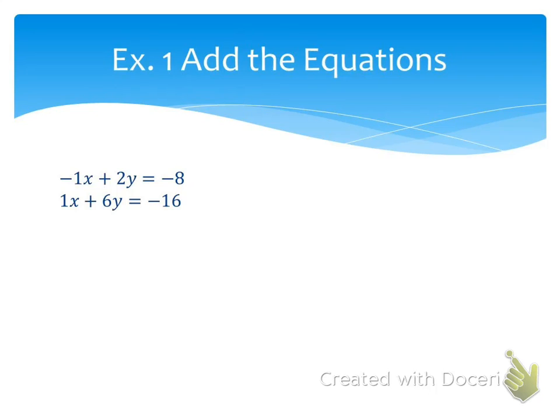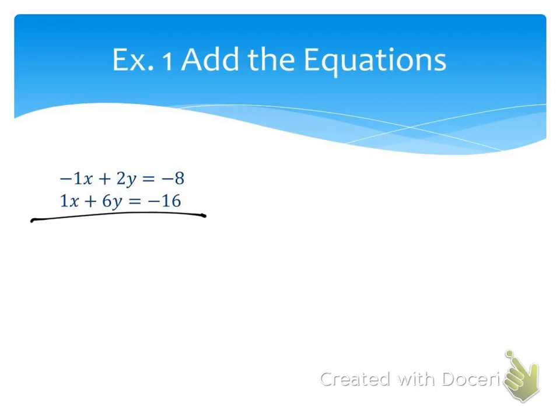So what you do whenever you have a problem like this is we're going to make it one large addition problem. I'm going to put my line underneath it, and I'm going to look at my x terms and my y terms, and I'm going to ask myself, do one of these sets cancel out? What about negative 1 and positive 1?